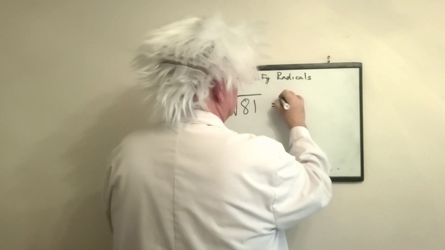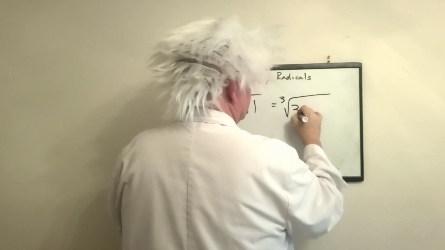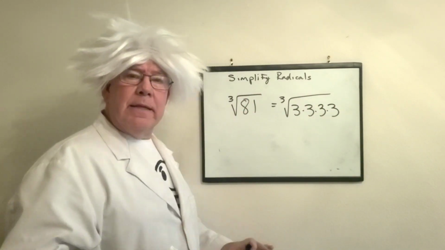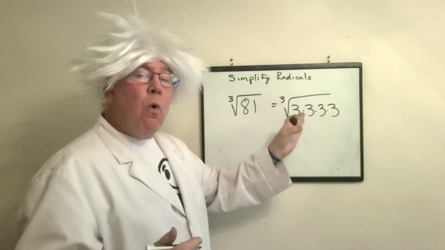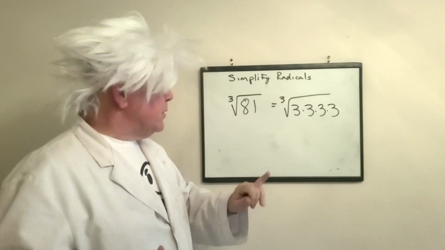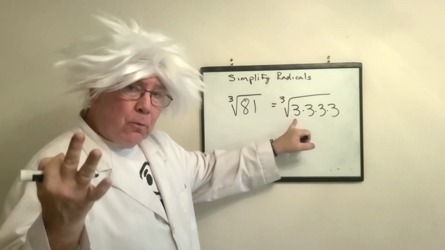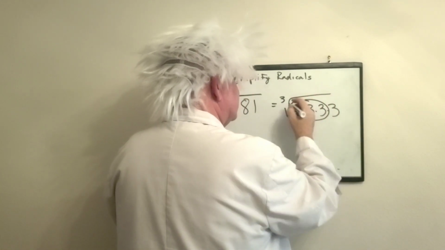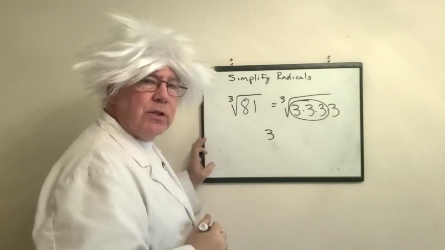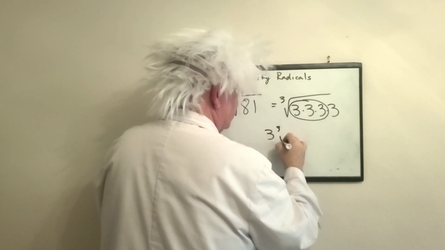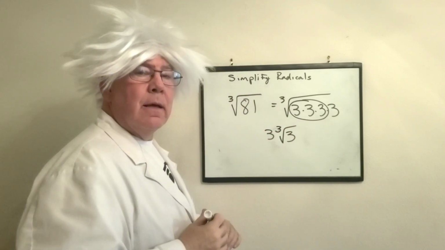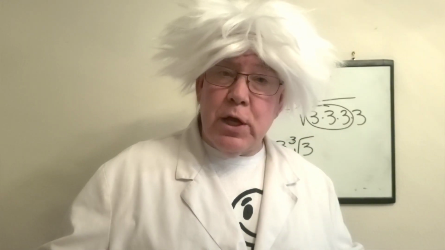So this is going to be the cube root of 3 times 3 times 3 times 3. This is called prime factorization. Now, what we did with square roots, we do with cube roots. I have to have 3 for it to come out from under what we call the radical. So there's my set of 3s. I have 1 outside, and I have 1 inside.